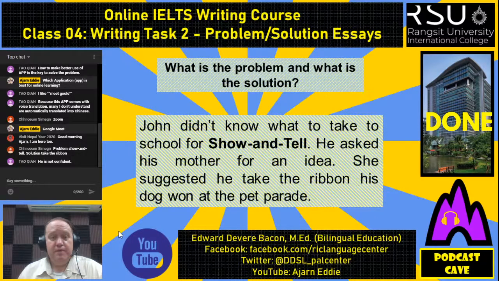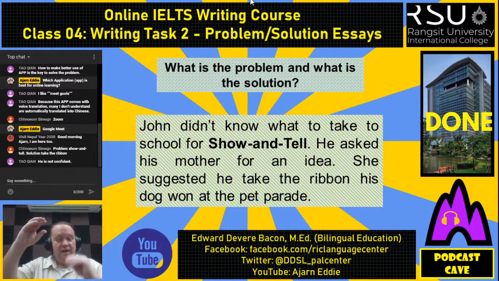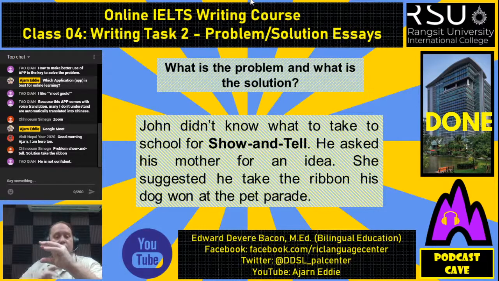Okay? So then, when you write the IELTS essay, one possible solution is to write a short introduction, then one body paragraph talking about the problem, one body paragraph talking about the solution, and then a short conclusion. That would be 4 paragraphs, which would be enough.